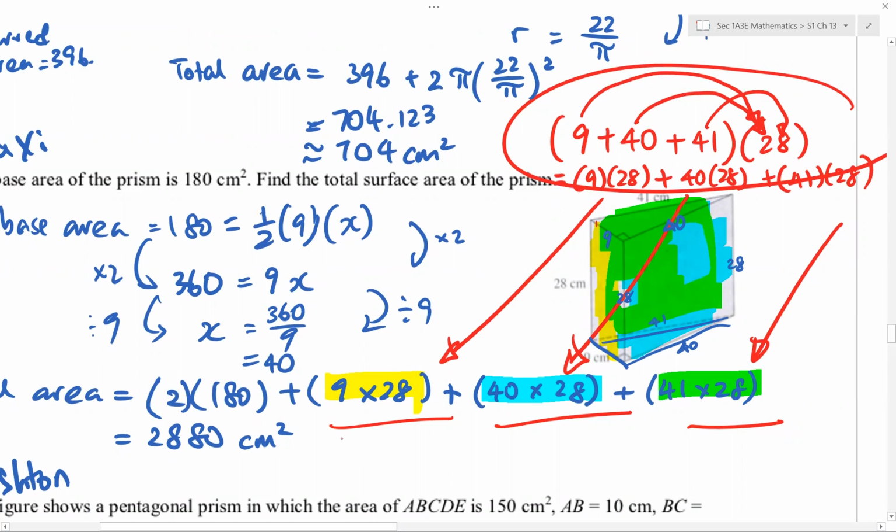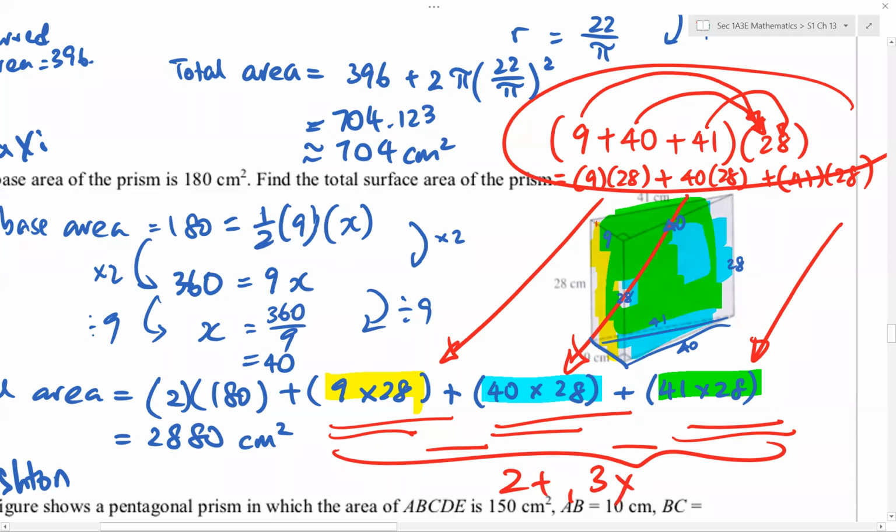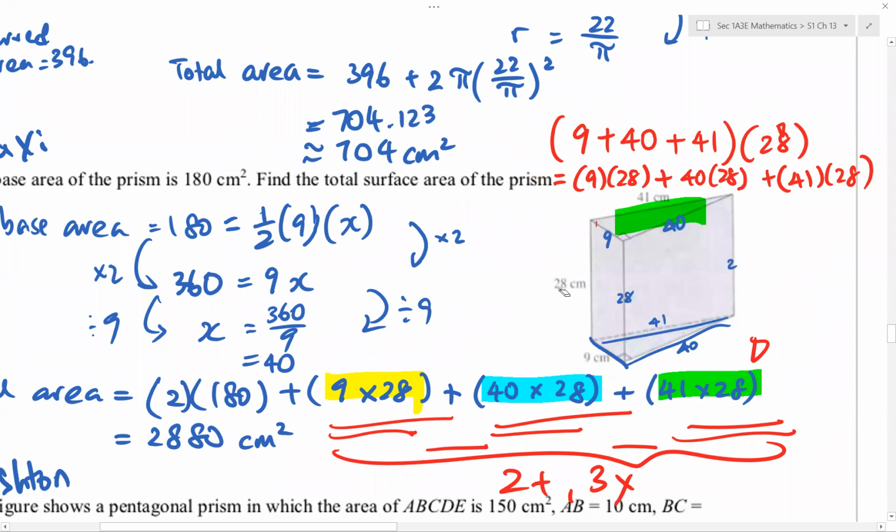Okay, look over here, you are doing 3 multiplications and 2 additions. Compared to finding simply the perimeter, it is just 2 additions and 1 multiplication. Fewer steps. Okay, and it is faster also.